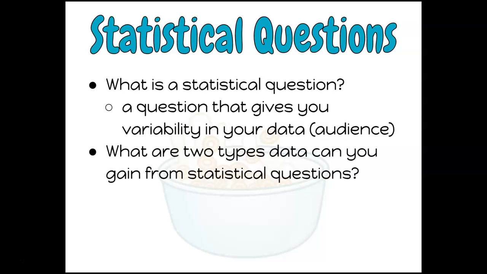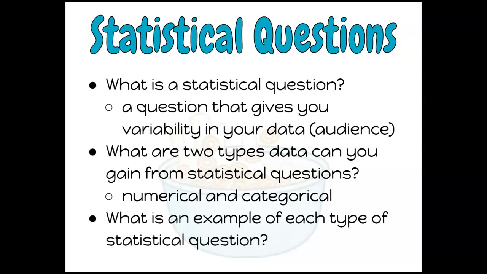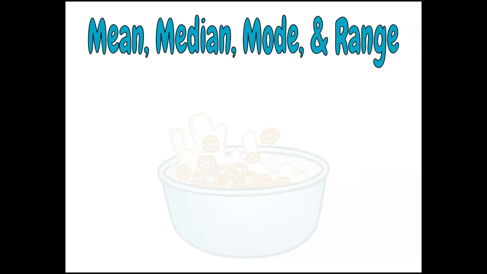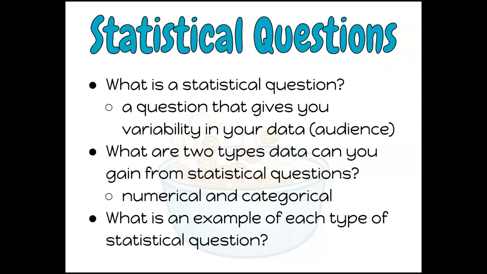What are two types of data you can gain from statistical questions? Numerical and categorical. What is an example of each type of statistical question? Some examples might be for numerical, what is your favorite number?